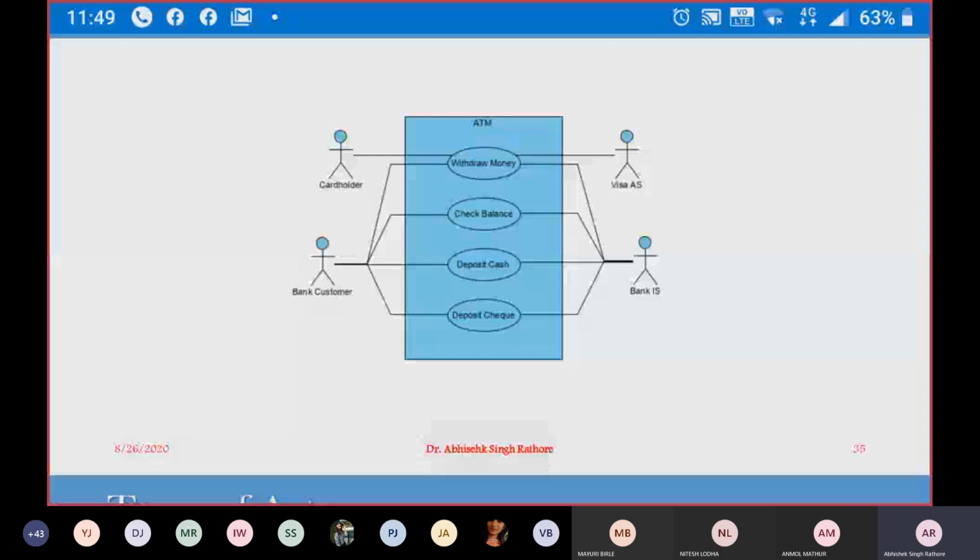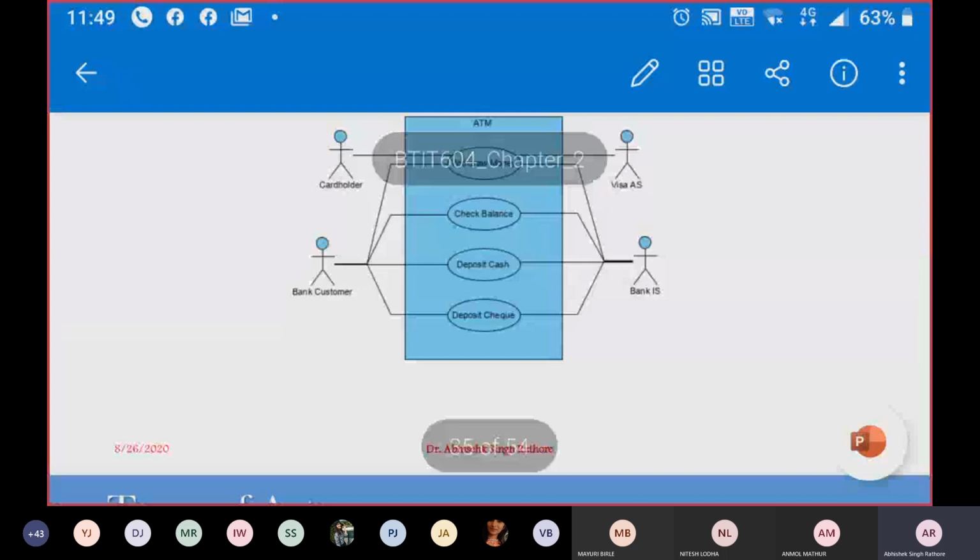So the card holder is a primary actor of the system. Additionally, the bank customer is also a primary actor of our system. While Visa IS or the bank IS are providing services to our card holders to withdraw money from any supporting platform, Visa IS and bank IS are the supporting actors of the system.